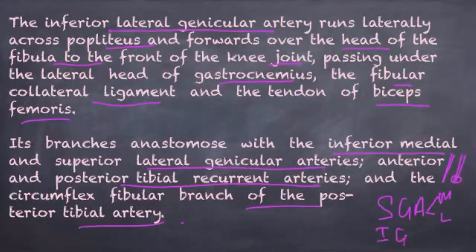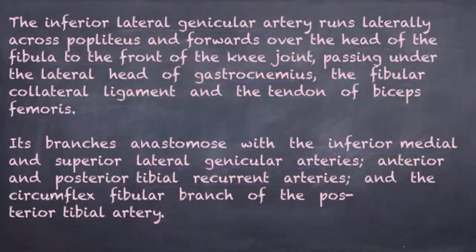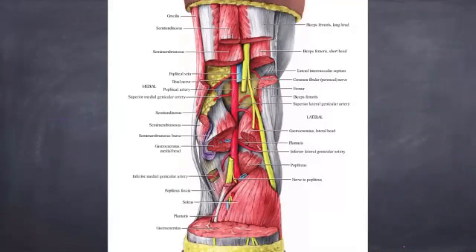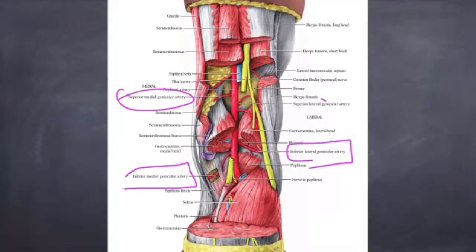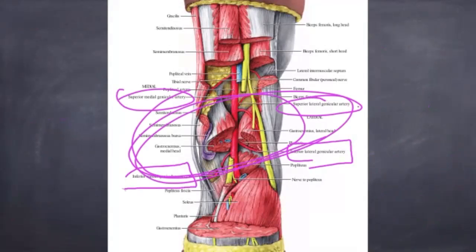These inferior genicular arteries, medial and lateral, anastomose with the recurrent arteries, okay, tibial recurrent arteries. We will see them, right? You see, this is the inferior medial genicular artery, inferior lateral genicular artery, right? So this is the superior, same thing.